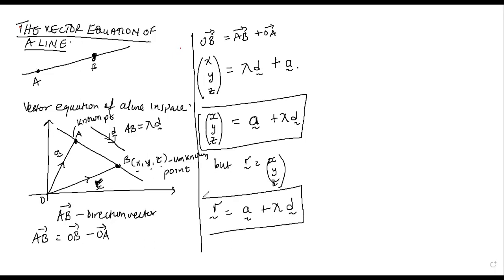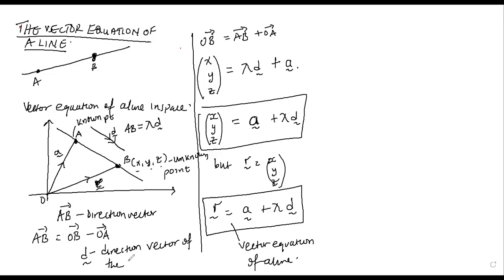And this gives us what we call the vector equation of a line. This is what they call the vector equation of a line, where D is what we shall call the direction vector of the line.